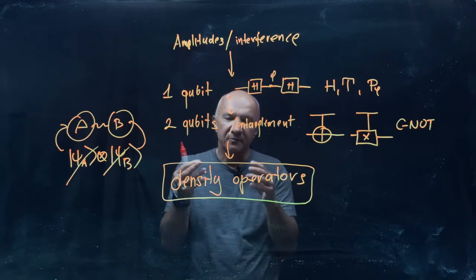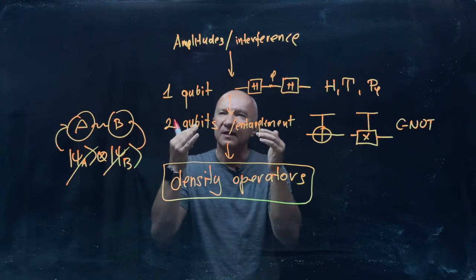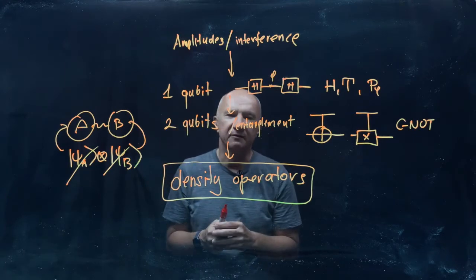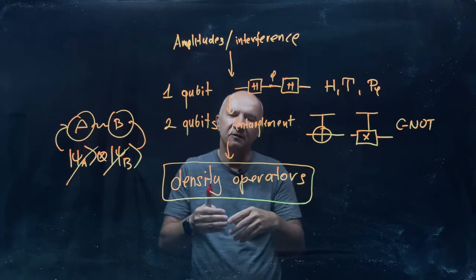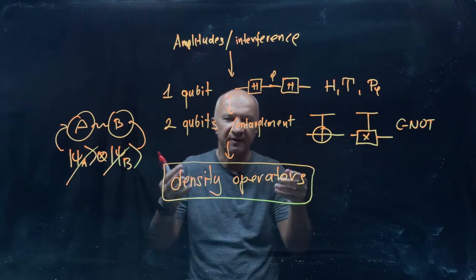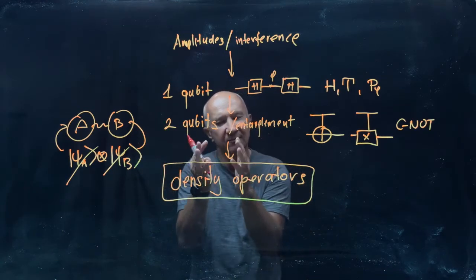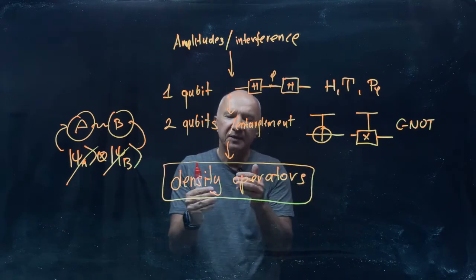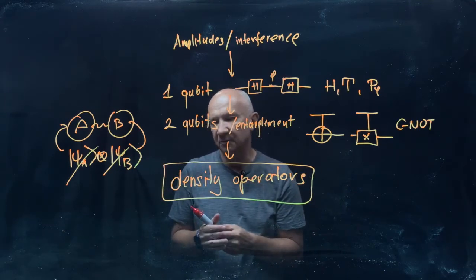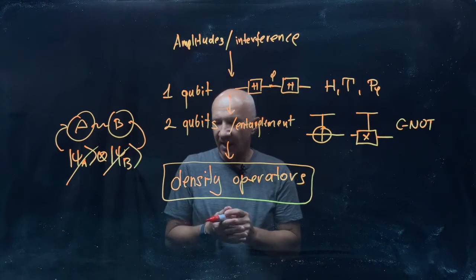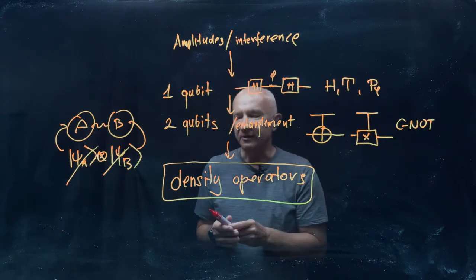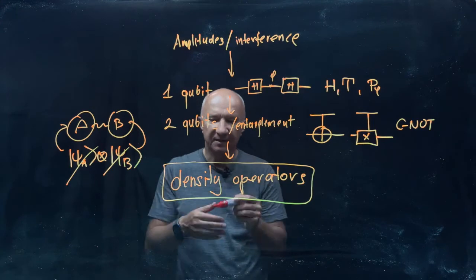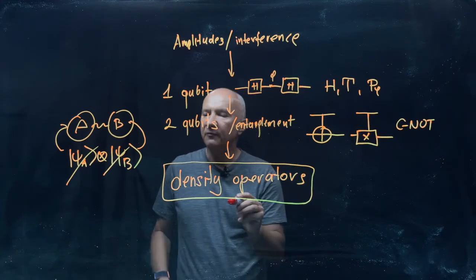So remember, at the bottom of this is really addition and multiplication of probability amplitudes. All those mathematical tools, matrices and vectors, serve one purpose. They just tabulate probability amplitudes. With density operators, we will be mixing probabilities and probability amplitudes. And just as a spoiler, after lecture 4, we will go in two directions.